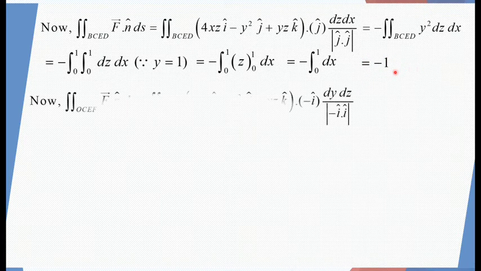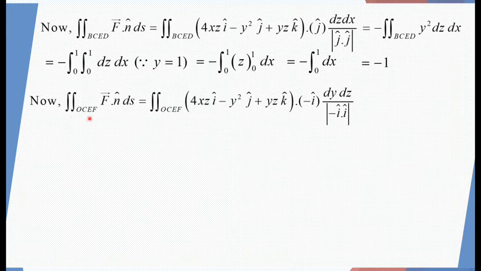So now moving on to the next plane, the double integral over OCEF of vector f dot n cap dS. So OCEF is in the YZ plane, in the backward area. So for the backward, it comes like left. So the n cap will be minus i cap. So on putting the values, minus i cap in place of n cap, and this will be minus i cap dot i cap, so it will be 1.